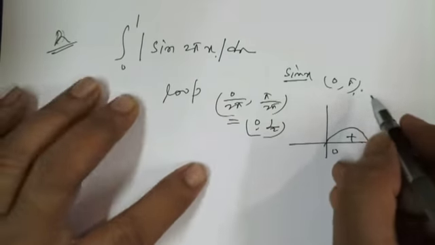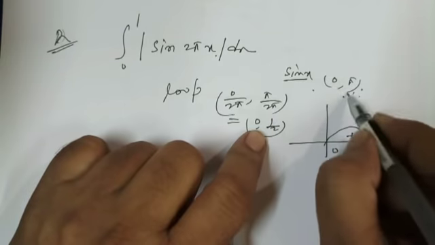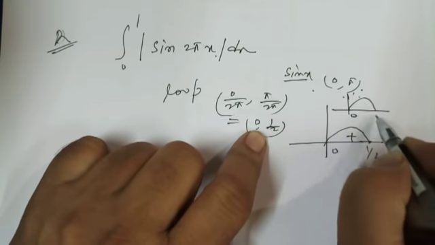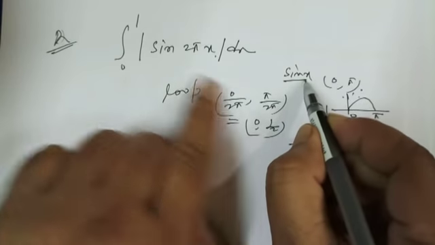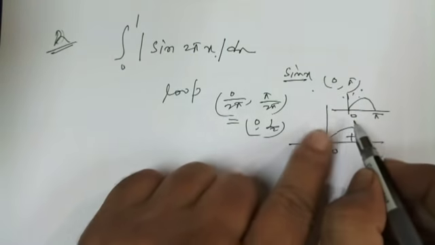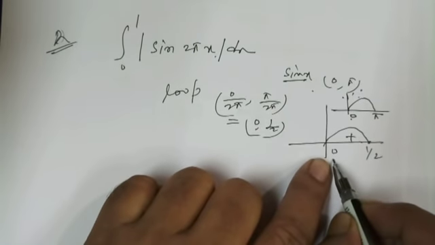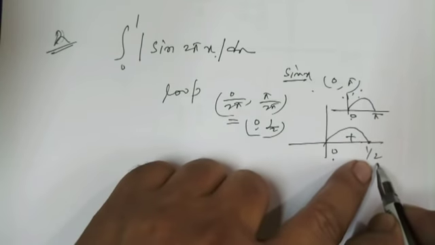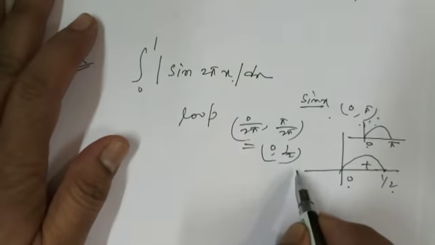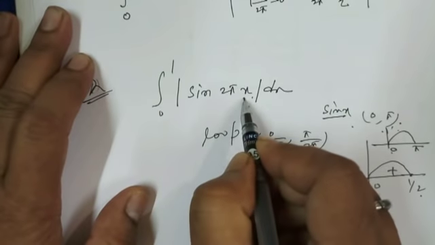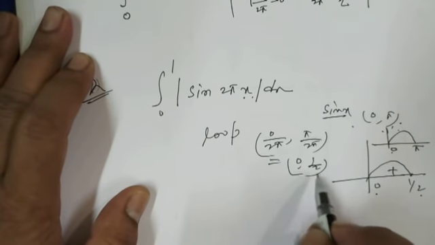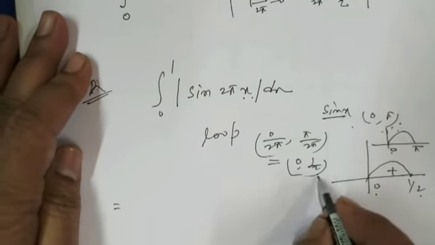So when sin 2 pi x, 0 by 2 pi is 0, and pi by 2 pi is half. So one loop of sin 2 pi x lies between 0 to half.